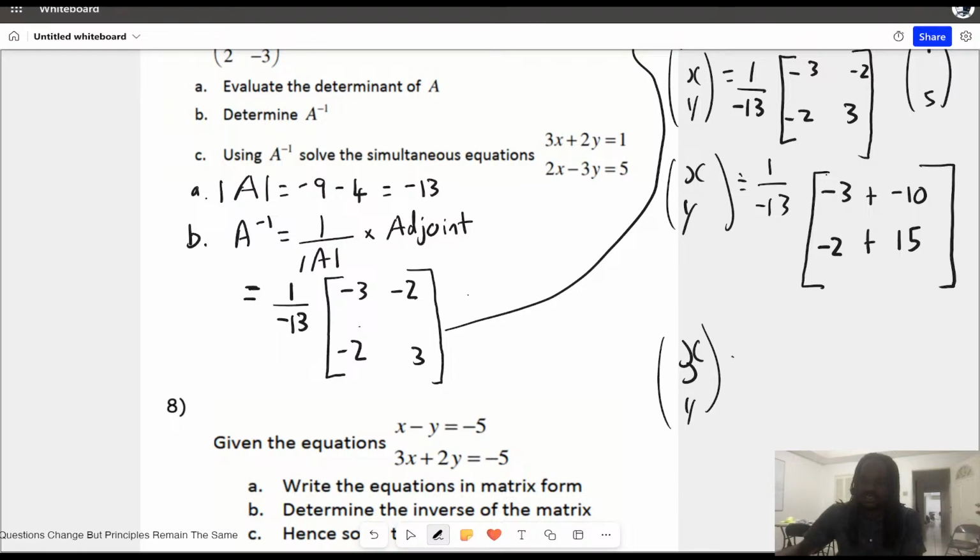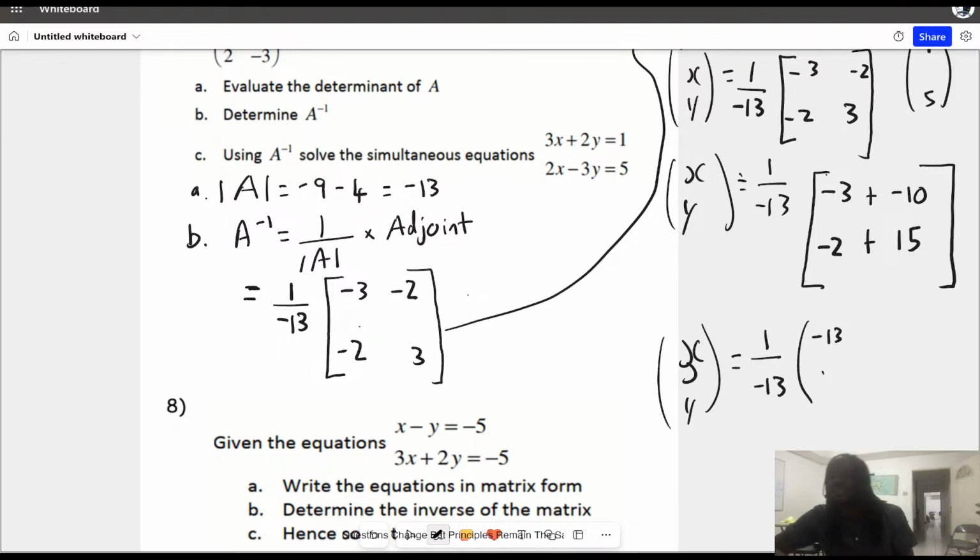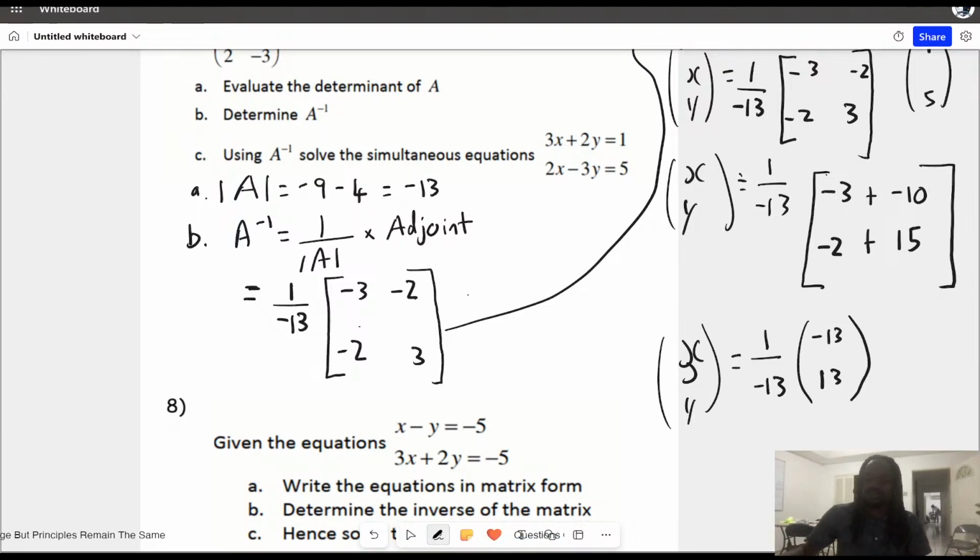So XY equals 1 over negative 13, and I multiply it by the answers that I get inside the bracket. So negative 3 plus negative 10, negative 13. Negative 2 plus 15, positive 13. And remember what I told you guys about getting the answer now?